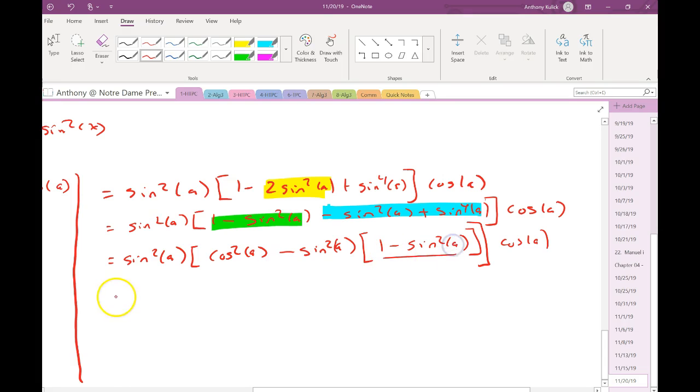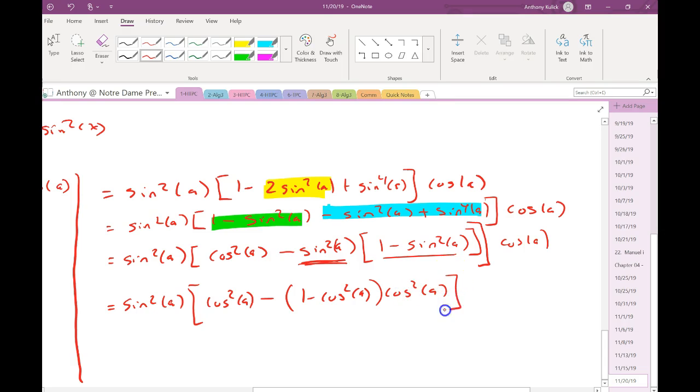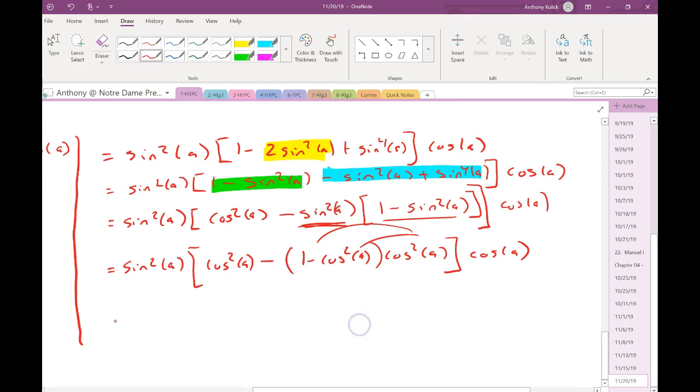And this piece, again, that's a cosine. And then I think I'm going to have to turn this into 1 minus cosine also. Okay there? I'll distribute that stuff through.